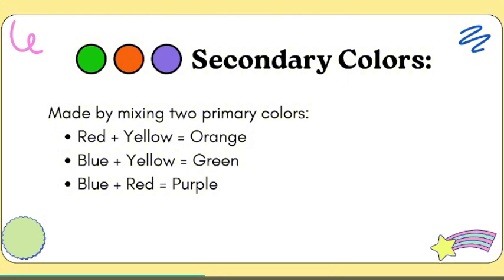If you mix red and yellow, it will give you orange. If you mix blue and yellow, it will give you green. If you mix blue and red, it will give you purple. So just know that primary colors cannot be made by mixing any other color.